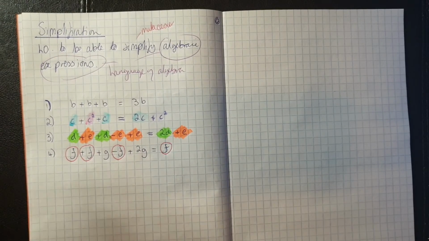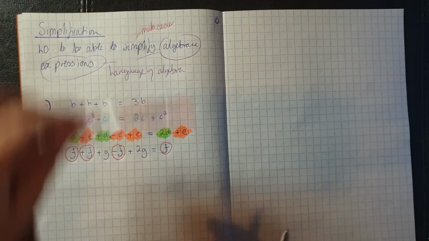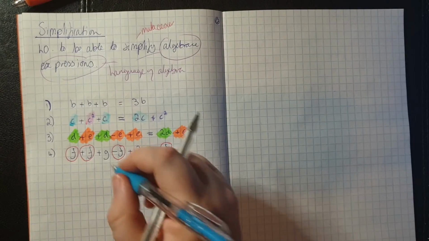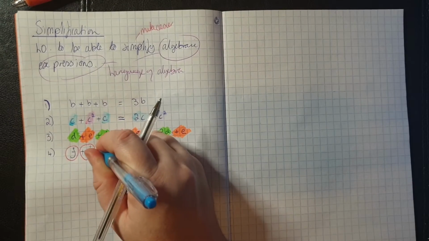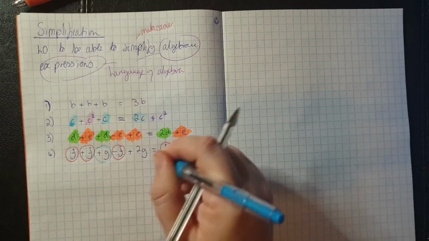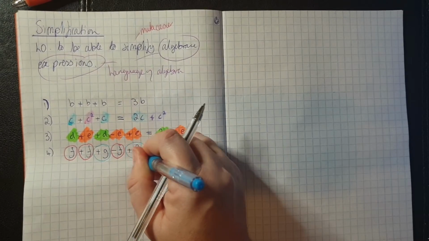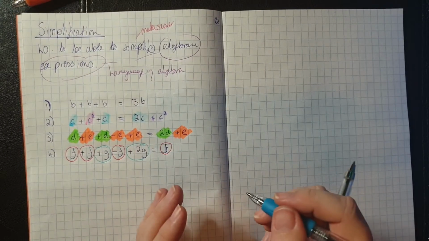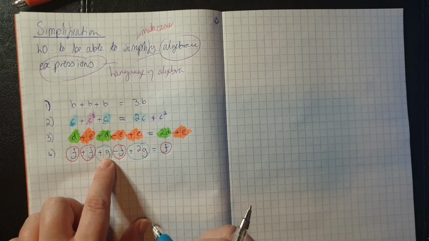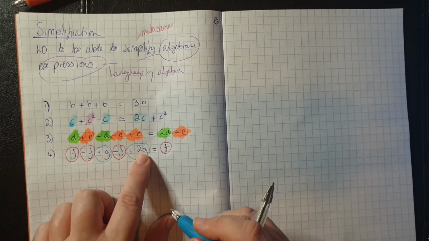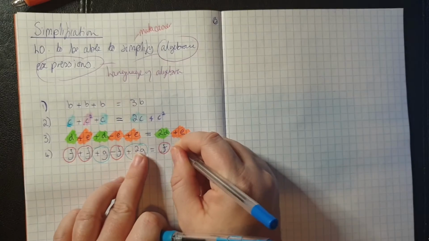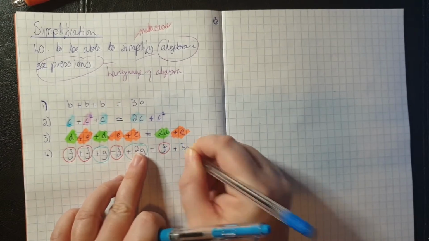Then change colour. We'll look at the G's. So we've got a G there, but this time we haven't just got G, we've got two G's. So here we've got one G plus another two G's gives us three G's.